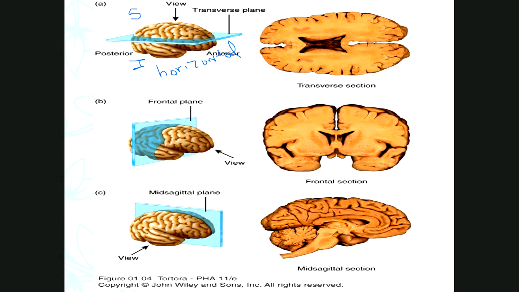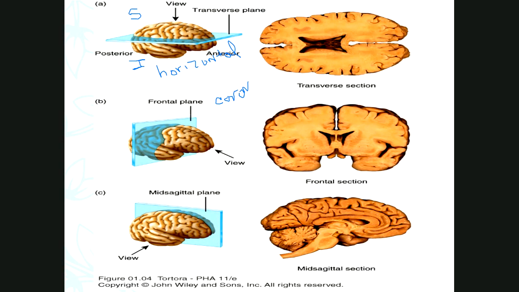A frontal plane divides, in this situation, the brain into an anterior and posterior, and you'll also see this called a coronal division.